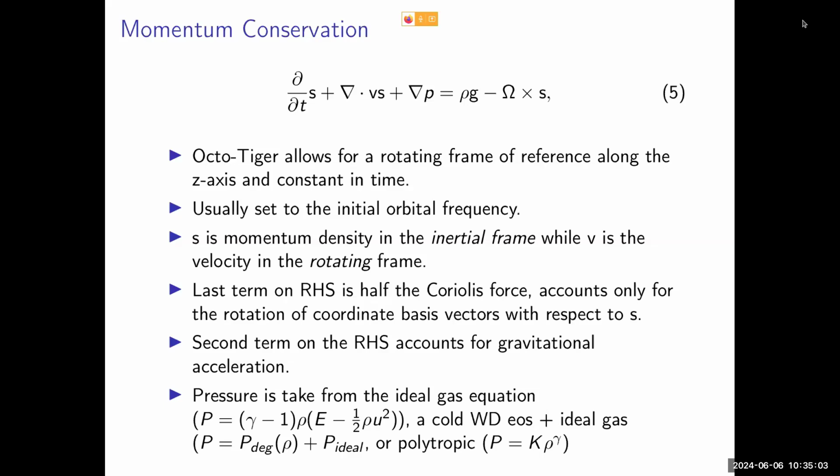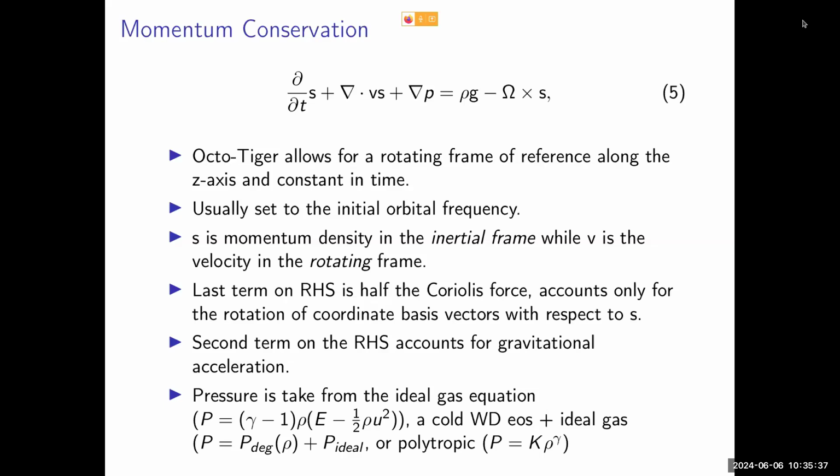We have gravitational acceleration. And we've tried 3 different equations of state. So the first one here is just a polytropic equation of state. It doesn't actually have heat. We don't really use that one anymore, but when we were using it, it was used to kind of approximate the limit where the heat produced by shocks is instantly radiated away.